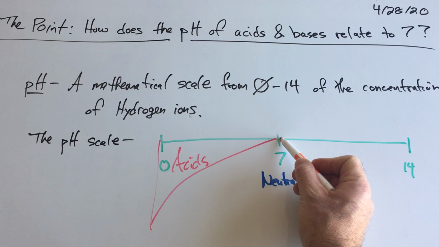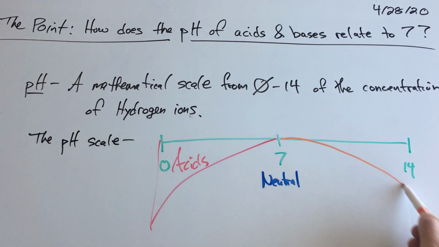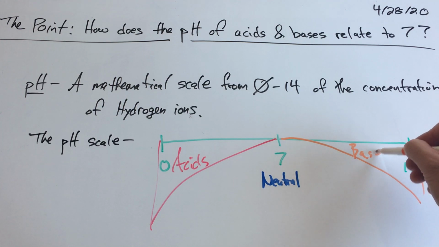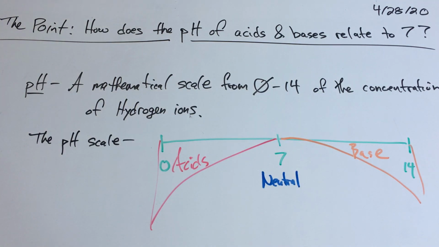And if you're 7.01 out to 14, we would call you a base. So if you have a pH of 0 to just before 7, you're an acid. If you have a pH of just after 7 to 14, you're a base. And notice it's alphabetical. Acids are the low numbers, bases are the high numbers, 7 is neutral.